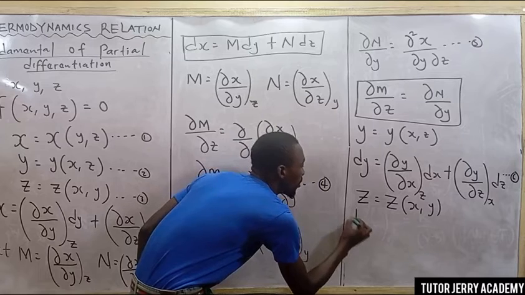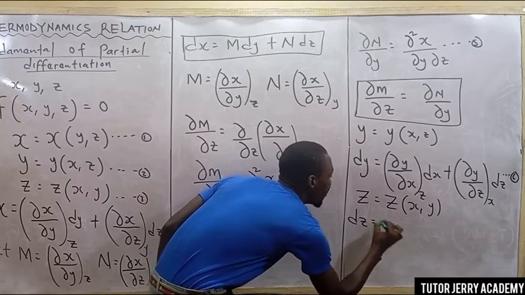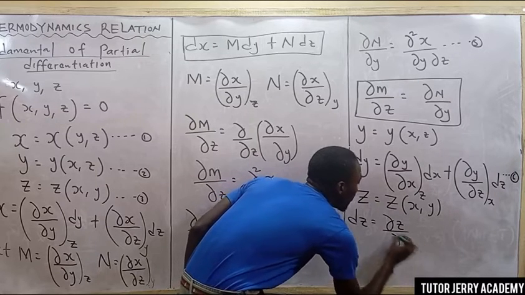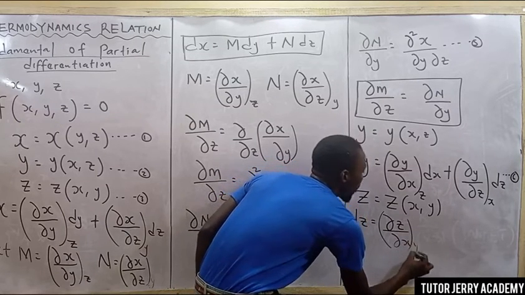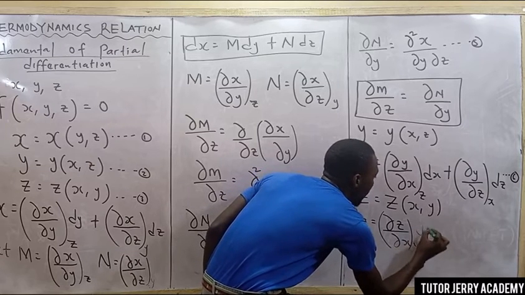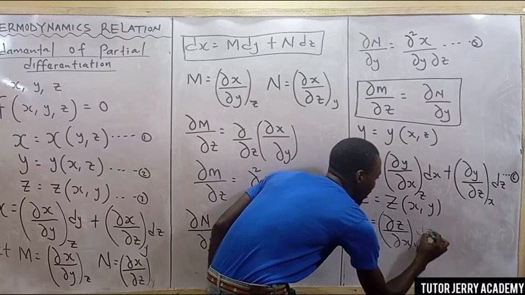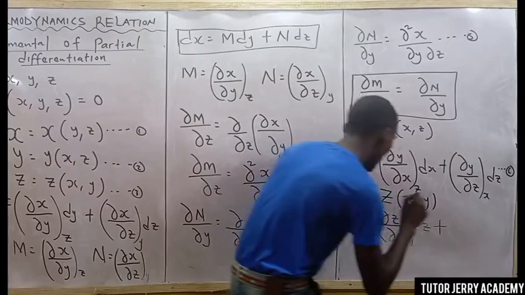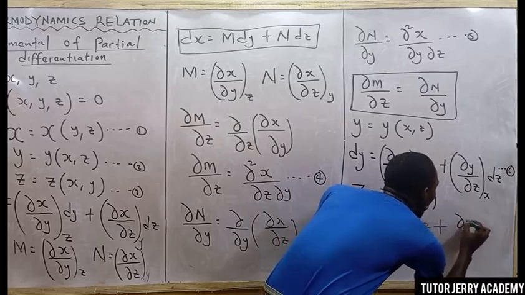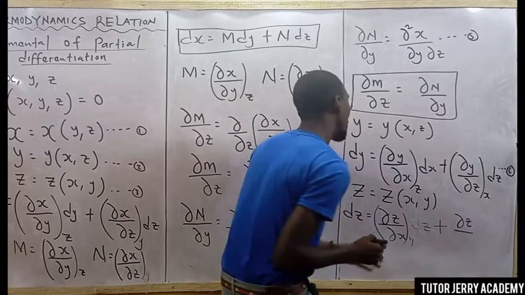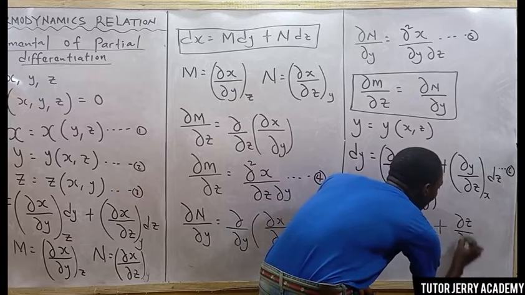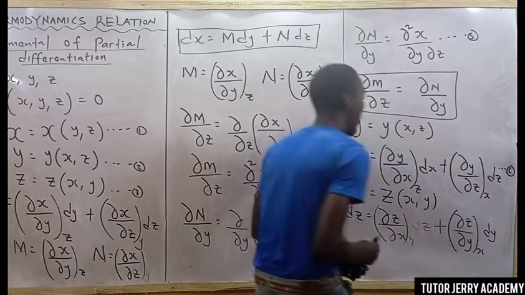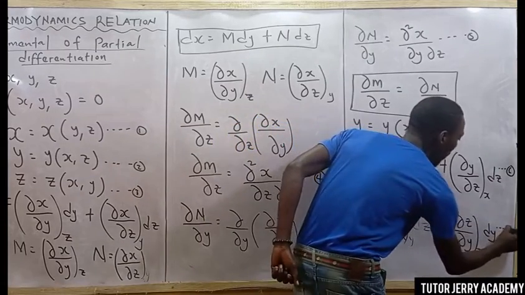So this is going to give us dz equal to the partial derivative of z all over the partial derivative of s, keeping y constant, ds, plus the partial derivative of z with respect to the partial derivative of y, keeping s constant, dy. All right, so let's call this equation number 7.